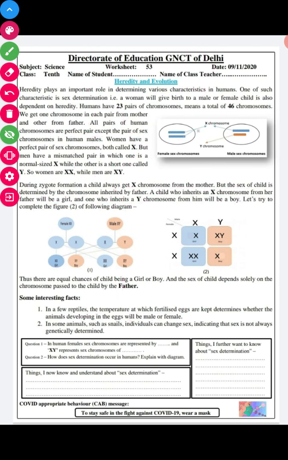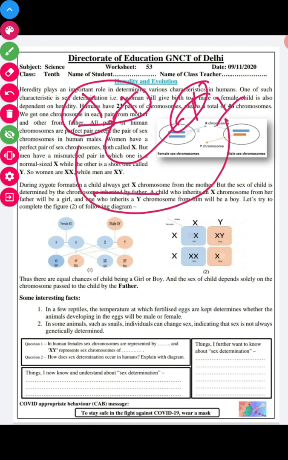So during zygote formation, a child always gets a sex chromosome from the mother. Mother has only X chromosomes, so mother contributes only an X chromosome, but the sex of a child is determined by the chromosome inherited from the father, because father has X and Y. If this X combines with either of these two, it will form a girl.